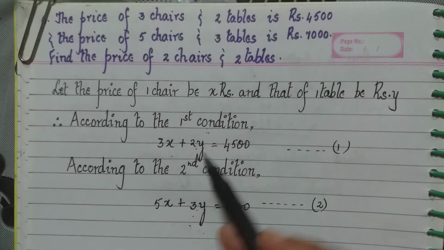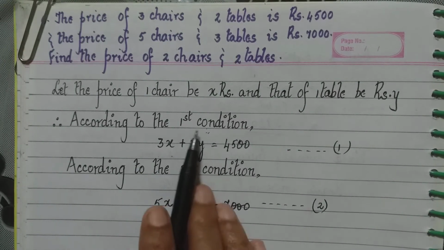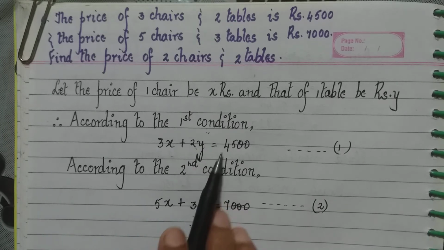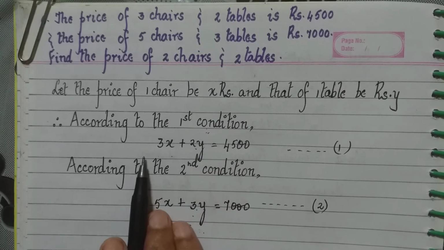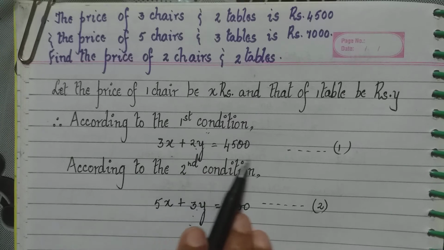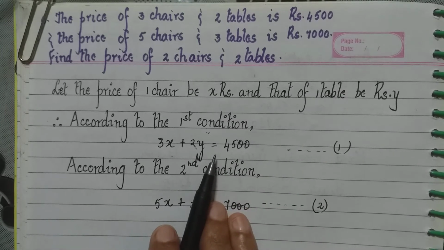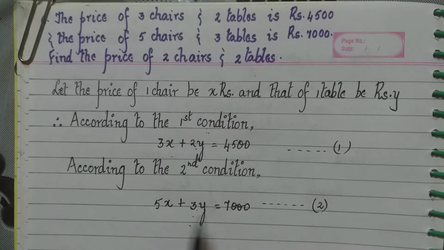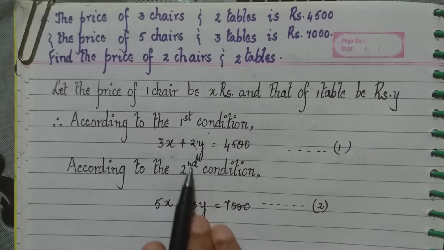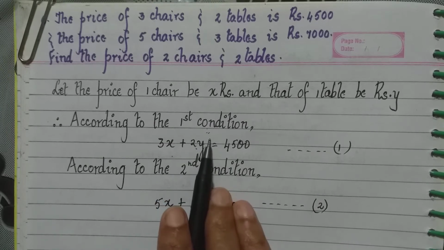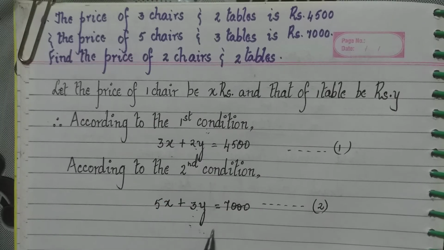So what will I have to do? I cannot multiply only the Y term. So what will I do? I will multiply this entire equation, equation 1 by 3. And I will multiply equation 2 by 2. Then I will get this as 6y and this term also as 6y.